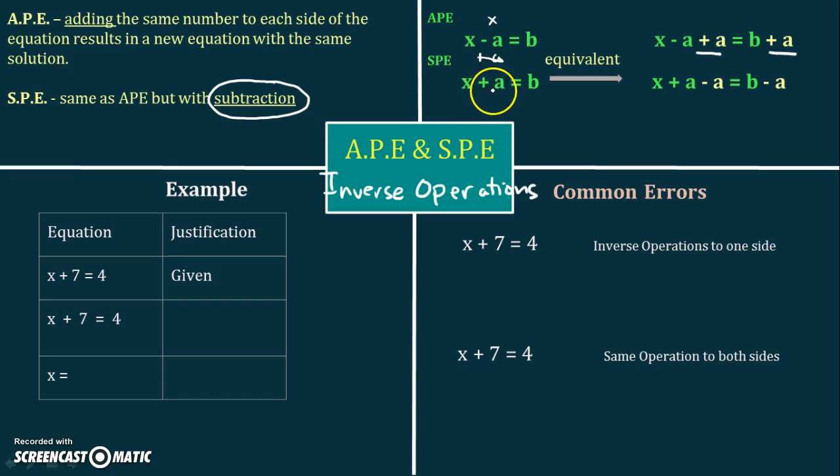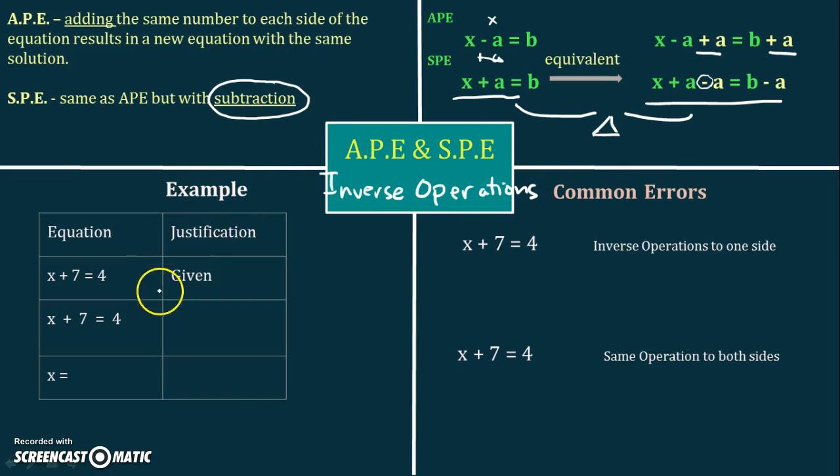In order to get x by itself, you got to do the inverse of addition, which is subtraction. So we can say that this equation right here is equal to this equation right here, because they have the same solution. What they're doing to this side and what they're doing to this side is the exact same, so the equation has not changed its solution.